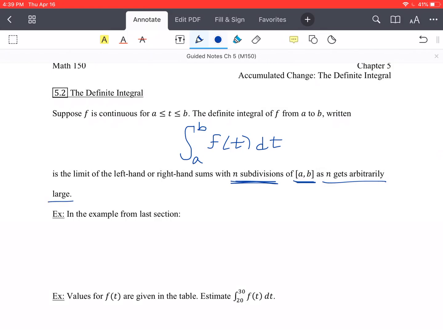So I'm going to have 100 rectangles, then 1,000 rectangles, then 1,000,000 rectangles, then 1,000,000,000 rectangles, etc. N just keeps growing and growing. And as n gets larger and larger, the rectangles get closer and closer to the actual area under the curve. So what the definite integral is giving us is this area under the curve.